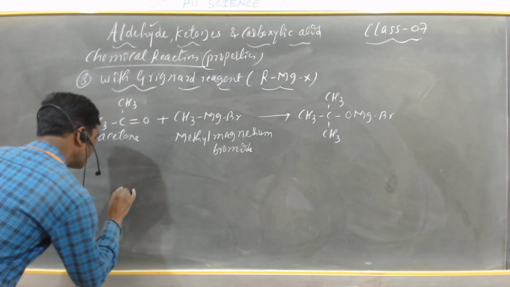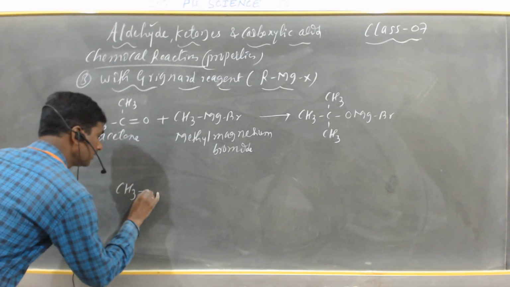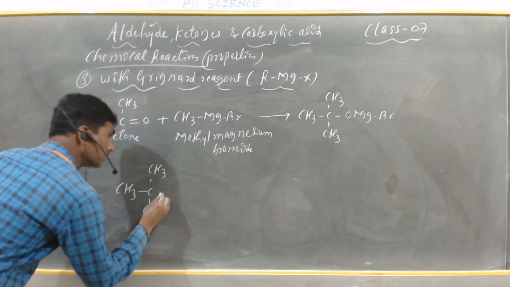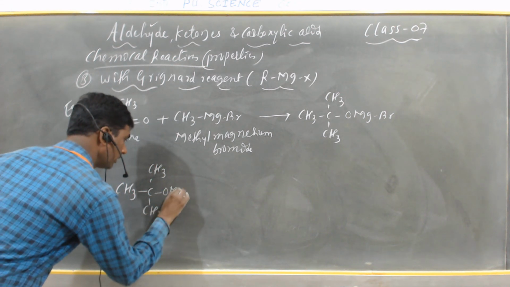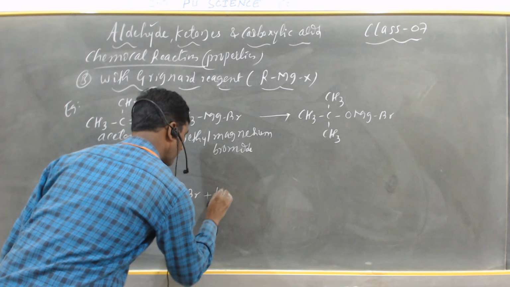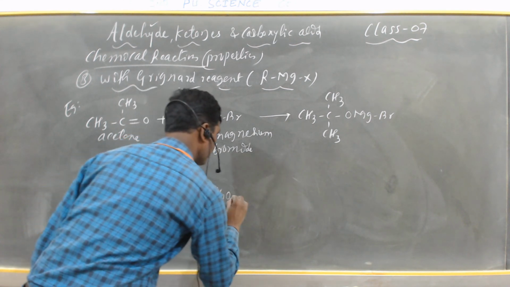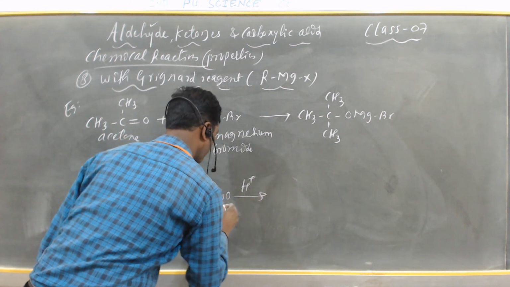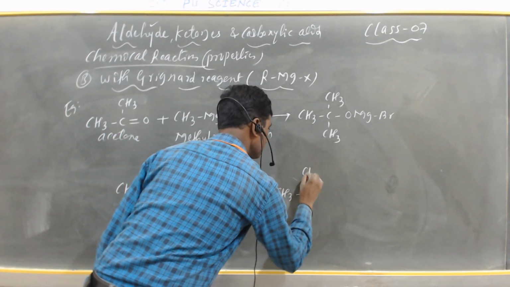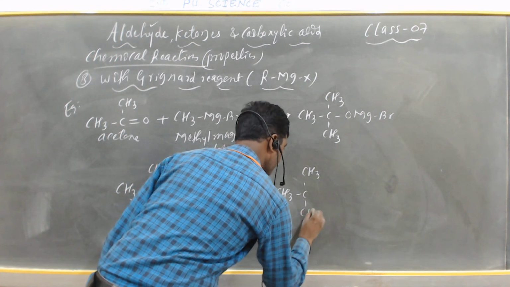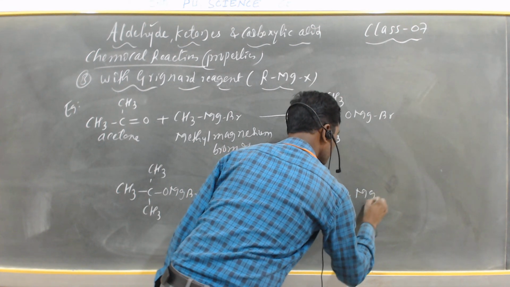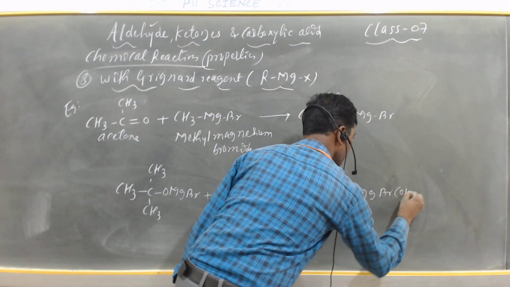Next, CH3, C, CH3 with CH3 and OMgBr, plus acid hydrolysis. What does it give? CH3, C, CH3 with CH3 and OH, plus MgBrOH.